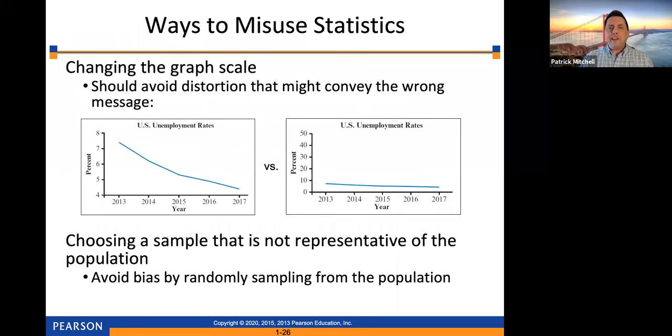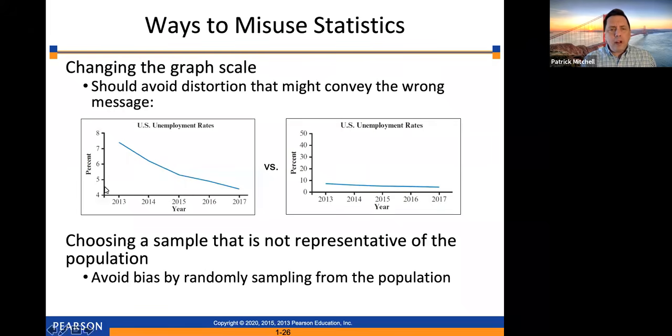Ways of misusing statistics. One way is changing the graph scale. Notice that these two graphs are technically showing the same information. However, a person looking at these might not get the same message out of these. And actually, I see at least one problem with both of these. I do like the one on the left maybe just a little bit better, although I'm not sure.